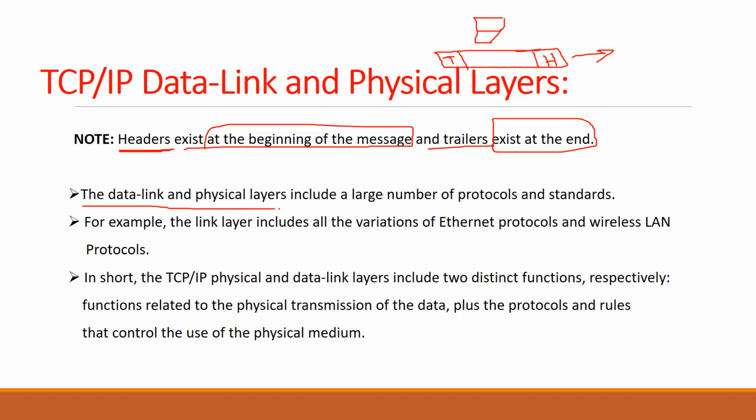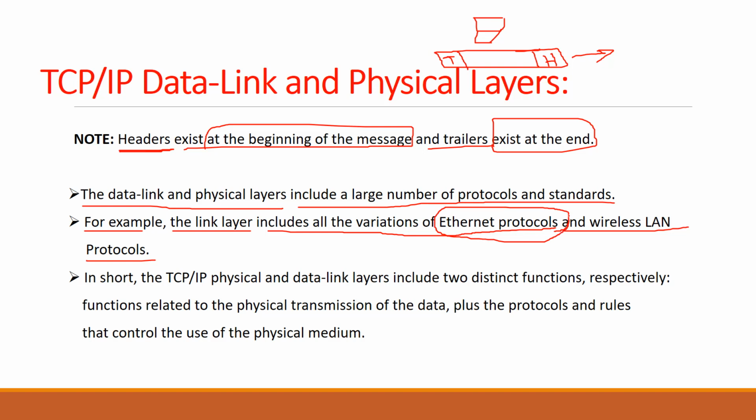The data link and physical layers include a large number of protocols and standards. For example, the link layer includes all the variations of Ethernet protocols and wireless LAN protocols. So, the link layer has details about the wired Ethernet LAN and wireless LAN protocols.